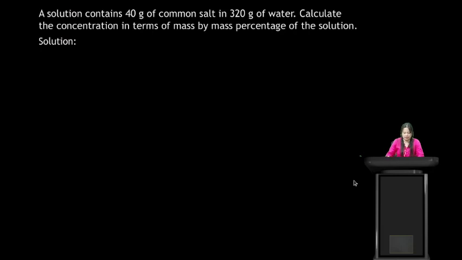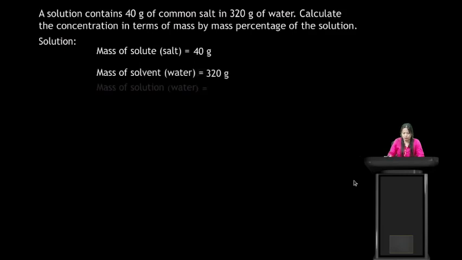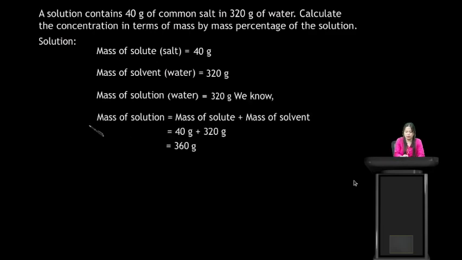So let us see here. We have mass of solute, that is salt, equal to 40 gram. Then we have mass of solvent, water, equal to 320 gram. Mass of solution we know will be the total of mass of solute plus mass of solvent.